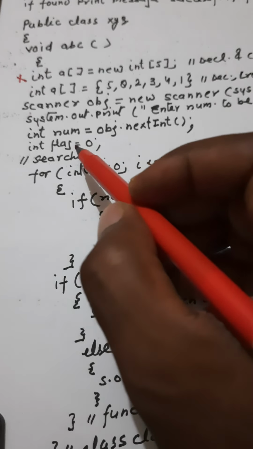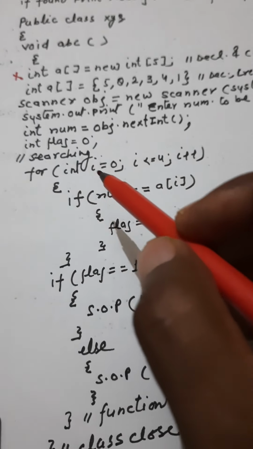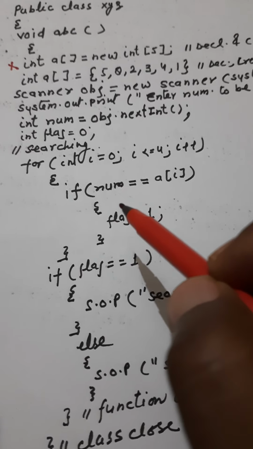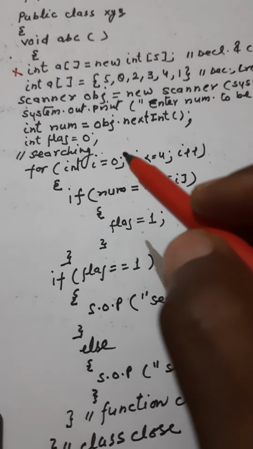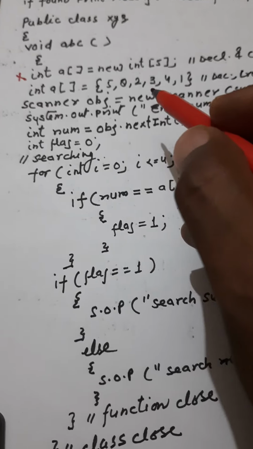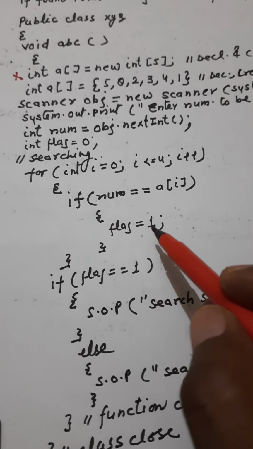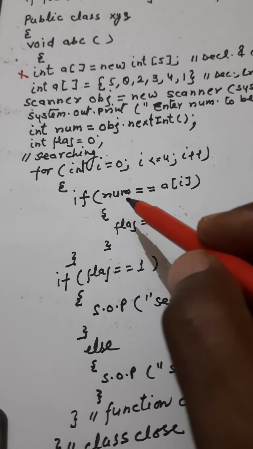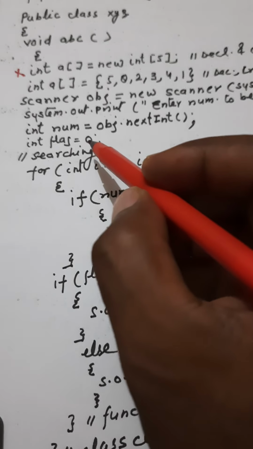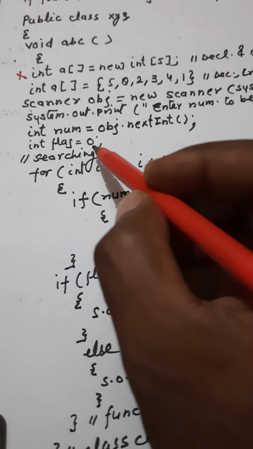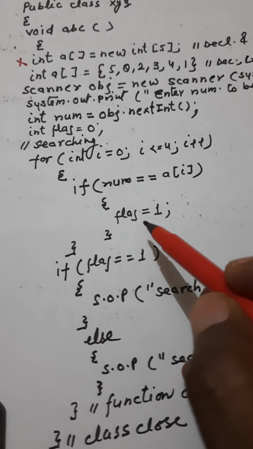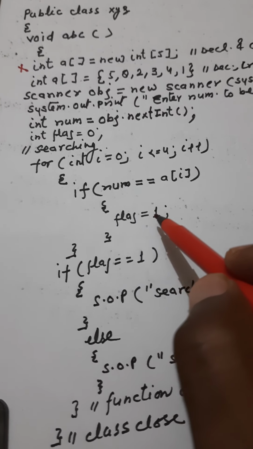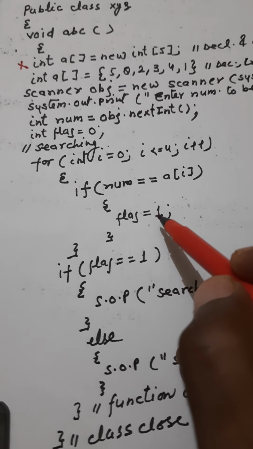Flag is a variable we have taken for storing the value. If the inputted value is present in the array, flag will be 1. If we do not find the value, then flag will remain at its initial value, that is 0, right? So if num is equal to a0, flag is equal to 1, right?